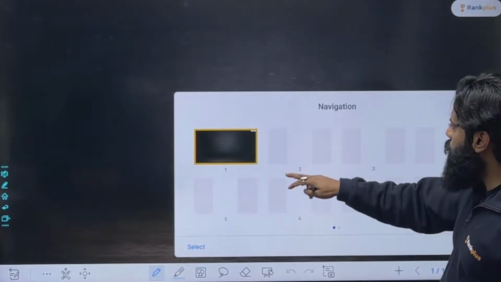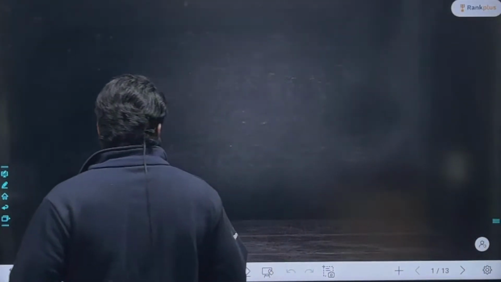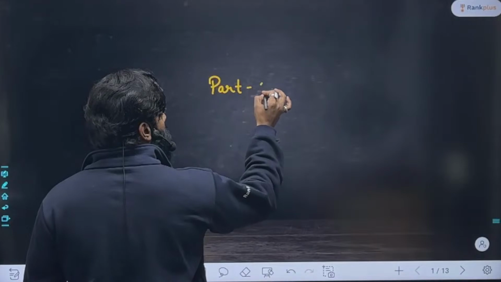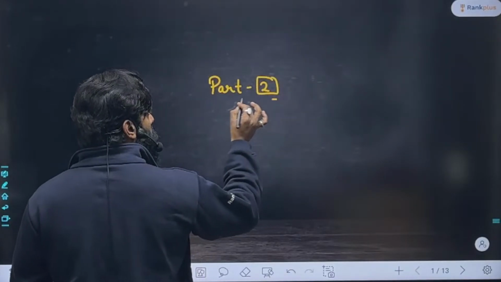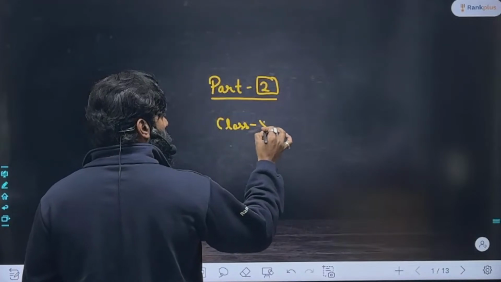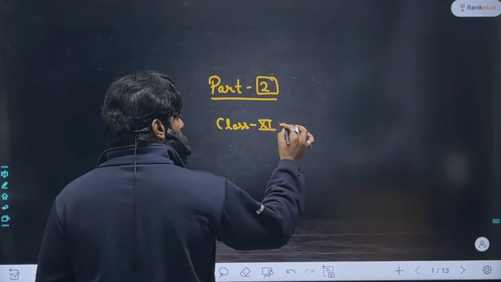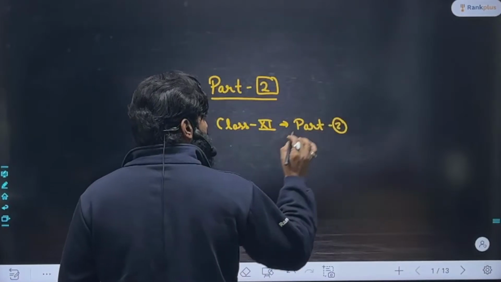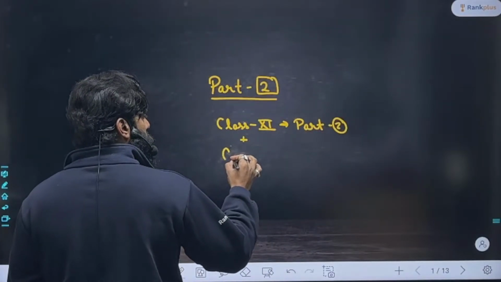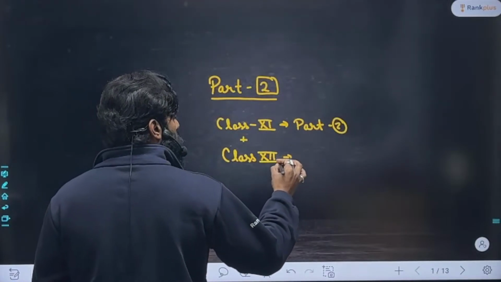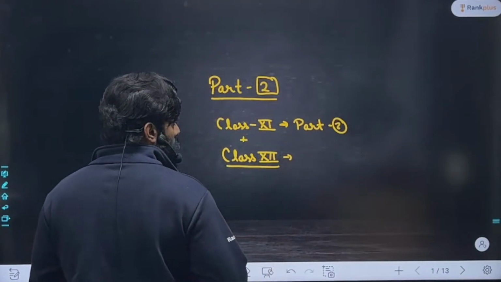I extracted this PDF here also, but it was not working here. So in part 2, I'll take class 11th part 2 plus class 12th topics.